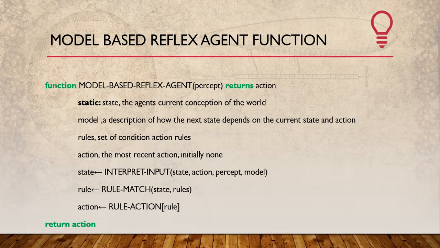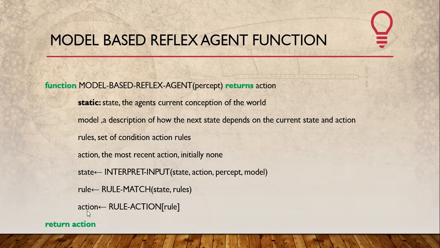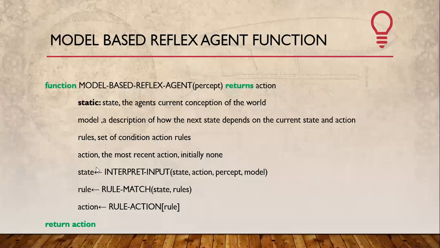Now students, in the simple reflex agent, to interpret the input, only the percept was important. If you remember, even in the simple reflex agent we had interpret input as a function in which only one parameter was going, that was just the percept, and then we had the outcome as state.